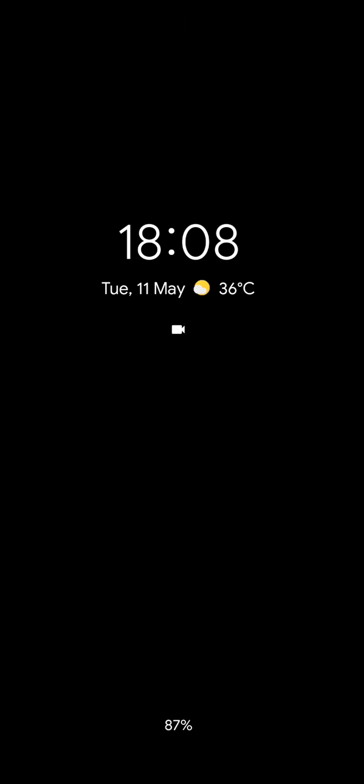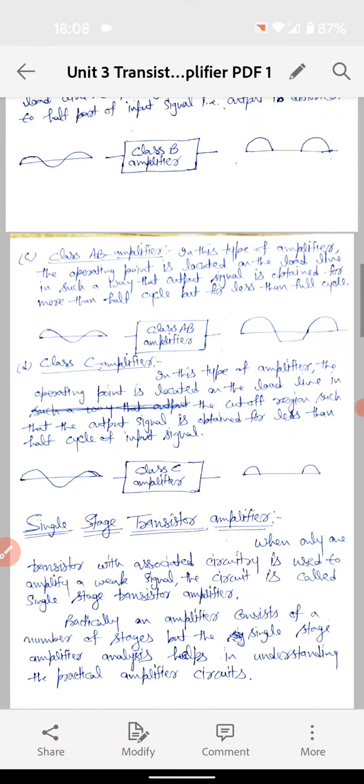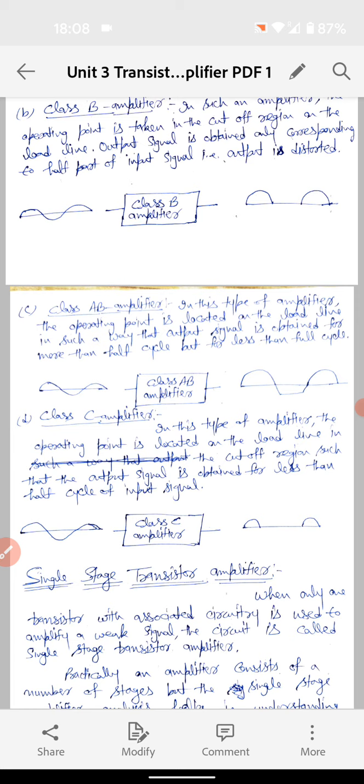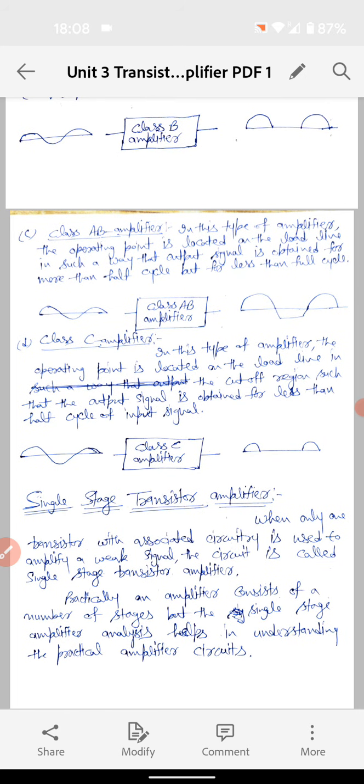The class B amplifiers are those for which we get exactly half cycle, but in class C the operating point is located in such a way that the output signal is even less than the half cycle of the input signal, which you can see in this diagram. So these are the classifications of amplifiers based on different categories.